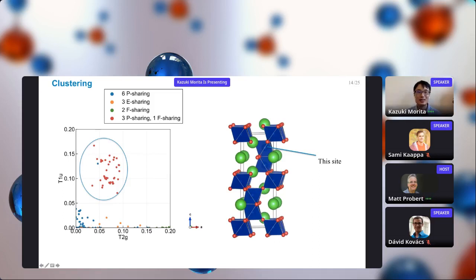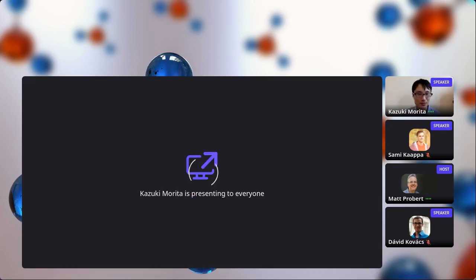So yes, I've done this analysis, but it was quite difficult because, first of all, this whole data set is restricted to oxygen, ABO3. And if you look at transition metals, it seems that there wasn't a consistent trend.